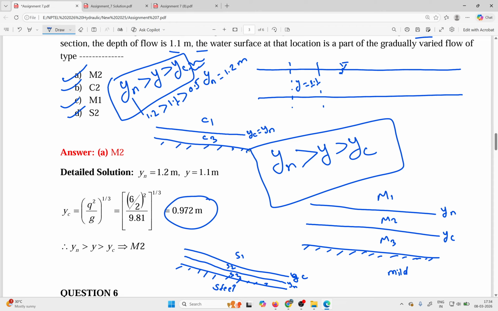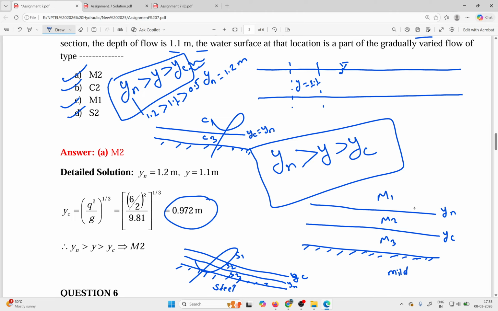Okay, so remember please. Now just based on this analysis, based on this observation, you can tell very easily. Let us suppose here your yn is greater than yc. Remember please, yn is greater than yc means your yn line is above the yc.